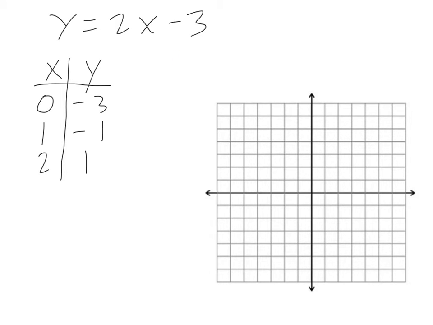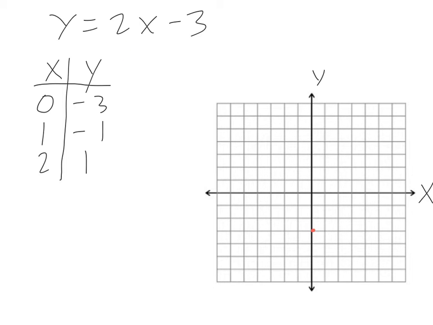So the first thing you want to do is look at your y-intercept. It's negative 3. So on your y-axis, and remember, your vertical axis is your y, your horizontal axis is your x, on the y-axis you plot negative 3. Then you look at the slope, which is 2.